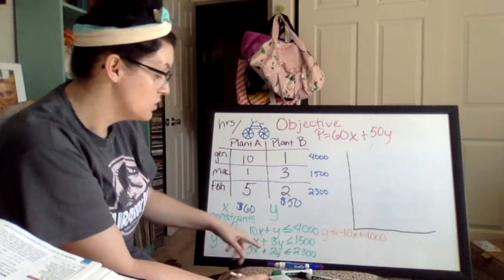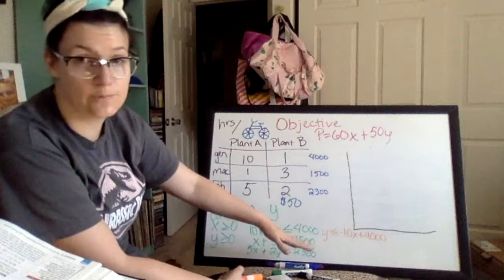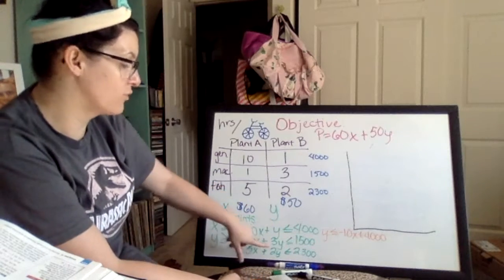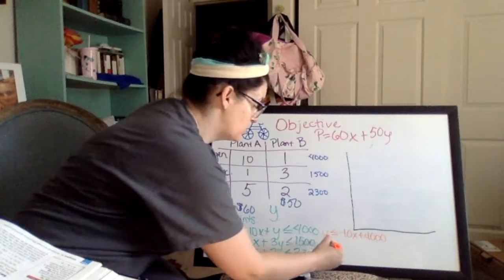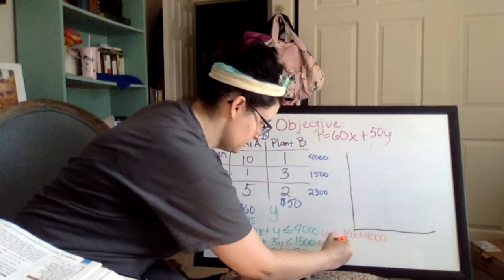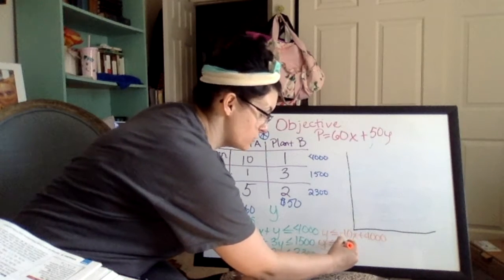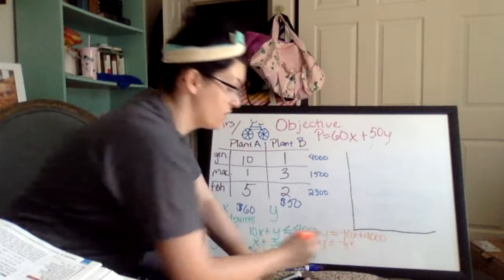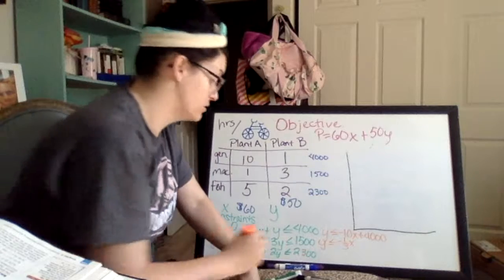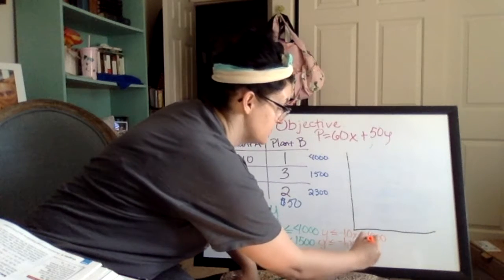And then here, we need to move our x by subtracting, but then to solve for y, we have to divide everything by 3. So we'll get y is less than or equal to, I subtracted x, so it's negative, and I divided by 3, so it's 1/3 x, plus 1,500.